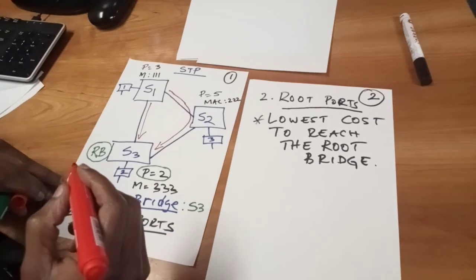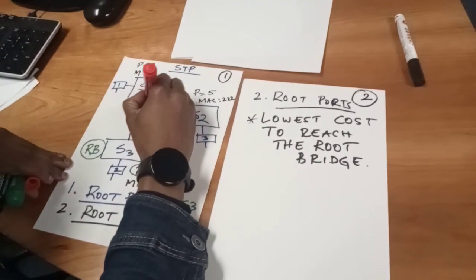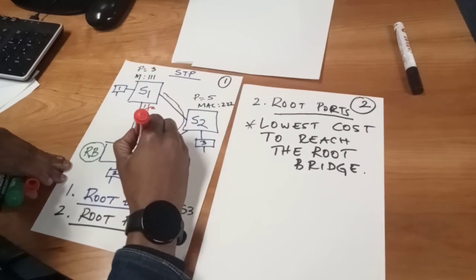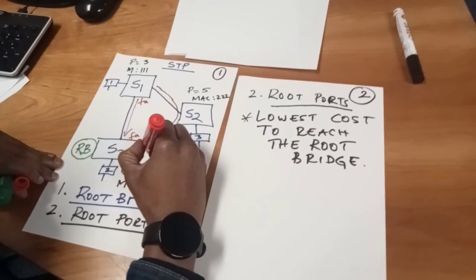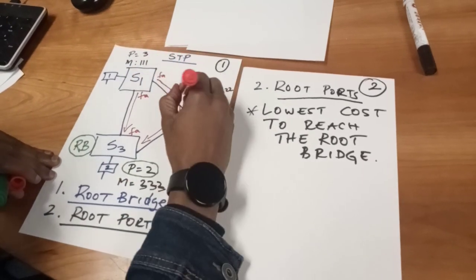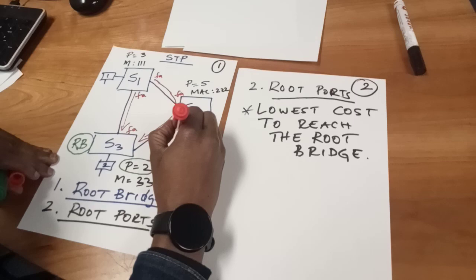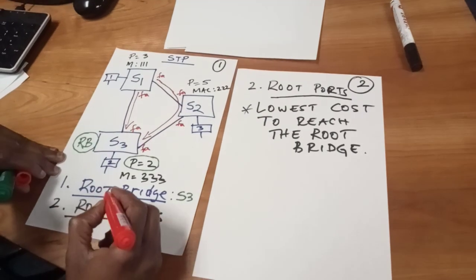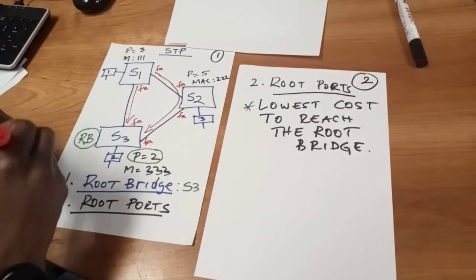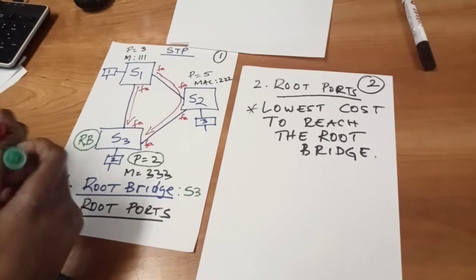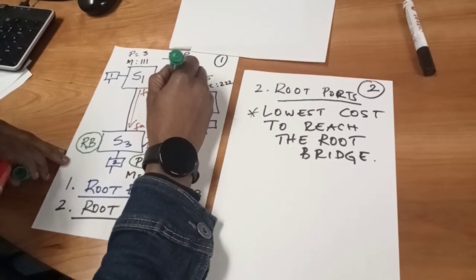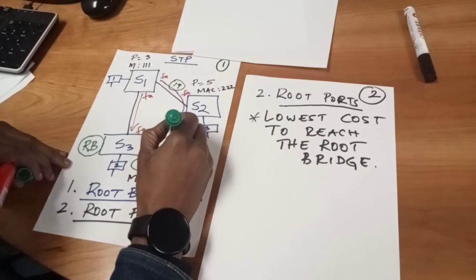If you are using fast Ethernet, let's say it's FA, it's FA, it's FA, right? Fast Ethernet means the cost is 19.